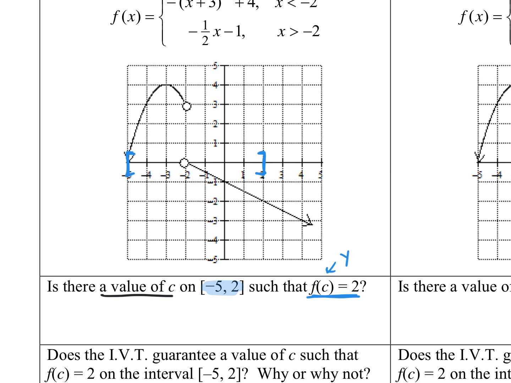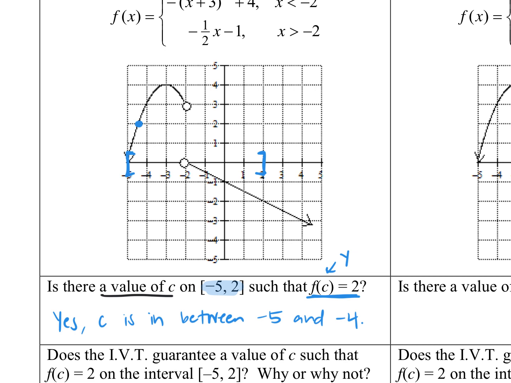Is there a value with a y value of 2 in that interval? Yes, it's right here, right? It's about, in between -4 and -5 there. So yes, there is. c is in between -5 and -4.